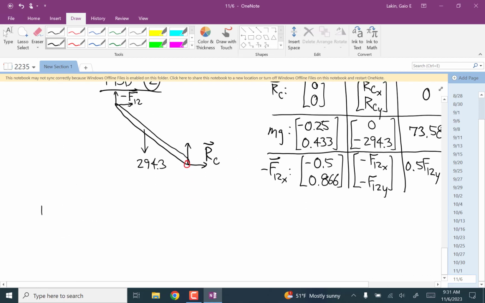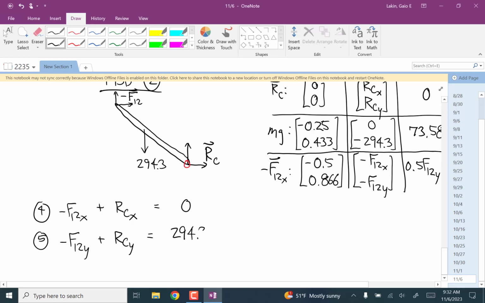And so equation 4 says negative F12x plus RCX is equal to 0. Equation 5 says negative F12y plus RCY is equal to 294.3.